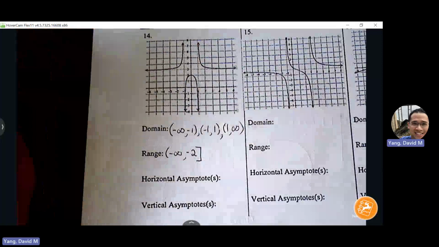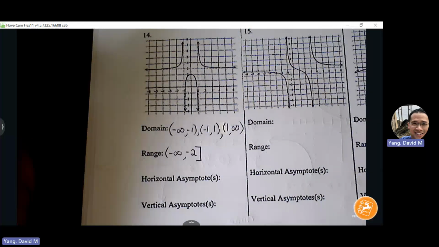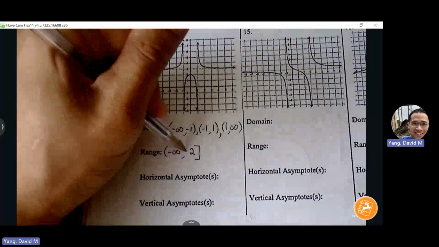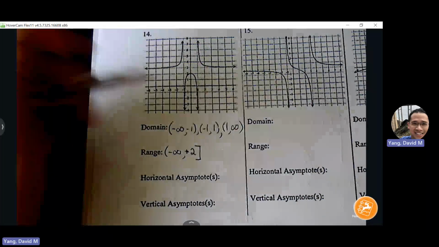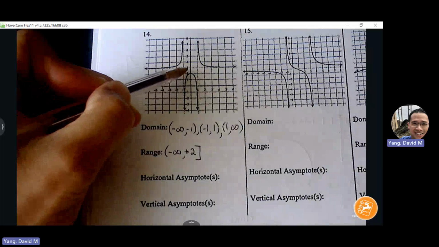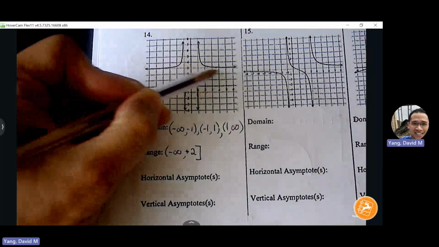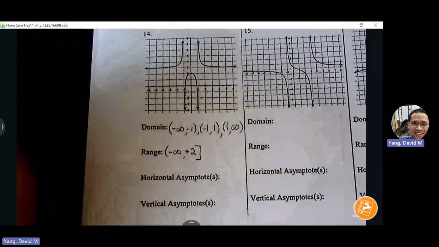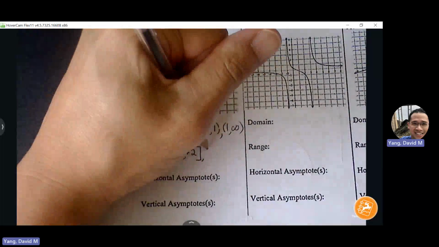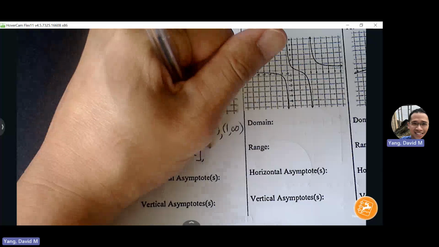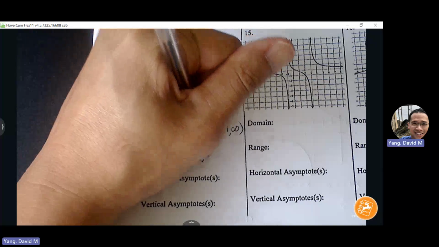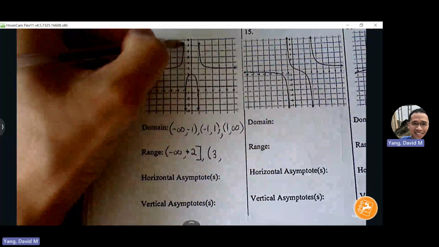Then from the 2, it's going to jump to above the asymptote, so it's going to pick up at 3, with parentheses, because it doesn't touch that point. 3 all the way up to infinity.